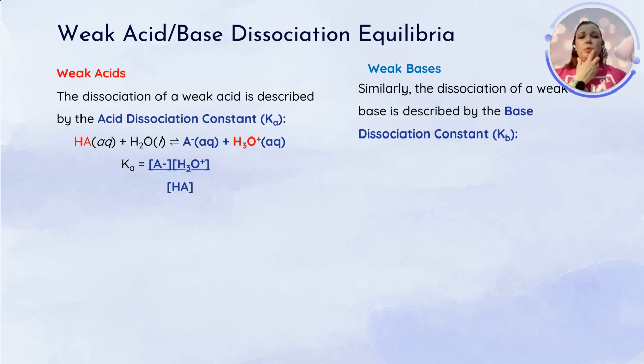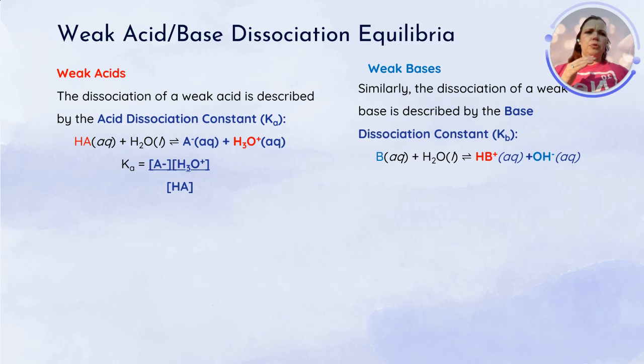Similarly, the dissociation of a weak base is described by the base dissociation constant. As you can see, the equation is written here where B is that weak base, and then we add water. A weak acid and a strong acid actually work pretty similarly in that they both produce hydrogen ions. A weak base, remember, is a hydrogen ion acceptor, as bases in general are.